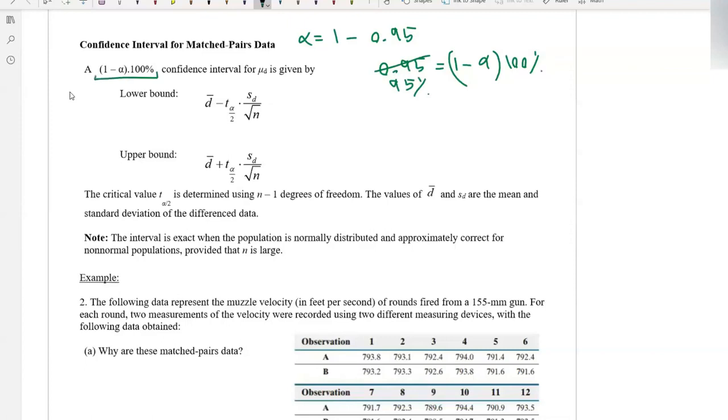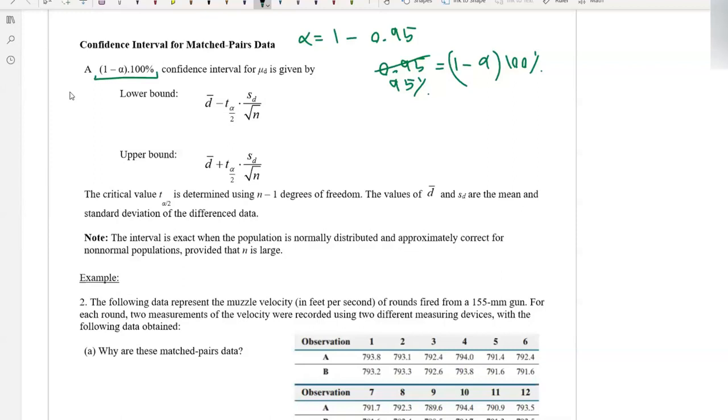So nothing changed. Everything is the same as what we did before. But in this part, we're going to work on mu d, the mean difference. So it's given by lower bound as d bar minus t times standard deviation divided by square root of n. And for upper bound, as always, we have to add.